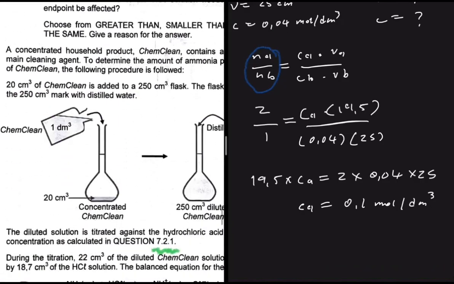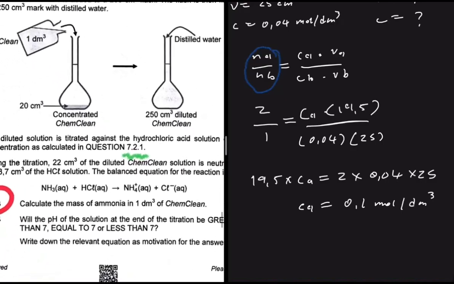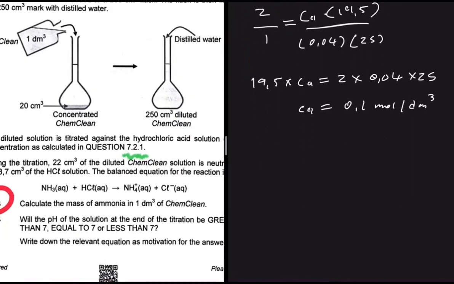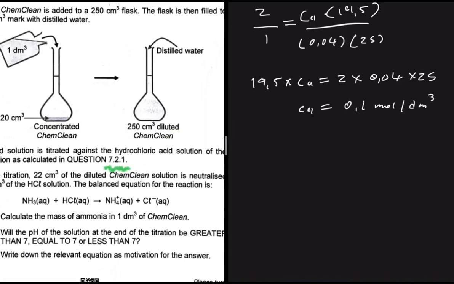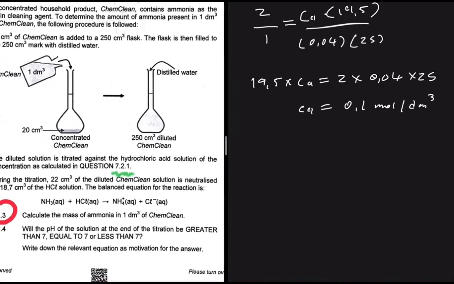That is 7.2.1. Now let's go back to 7.2.3. Right, so in 7.2.3, like we have deduced, we need to calculate the mass of ammonia in 1 decimeter cube of ChemClean. So let's go ahead and jot down the information we have so that we can use that information to see the formula we're supposed to use.